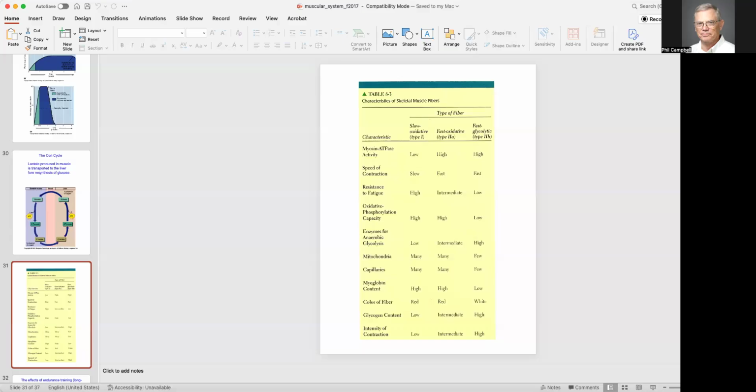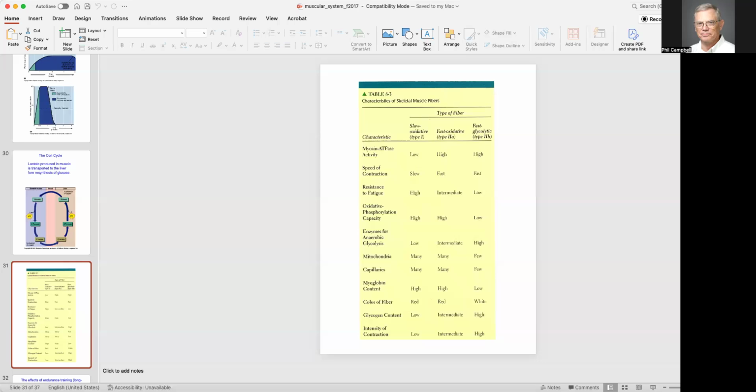Anaerobic glycolysis is high because that's their primary source of energy. Mitochondria are low. Capillaries, low. Myoglobin content, low. Because there's no myoglobin, those fibers tend to be white. And glycogen content is high. Intensity of contraction, high. So we contrast the two.